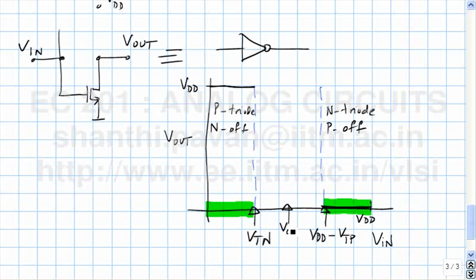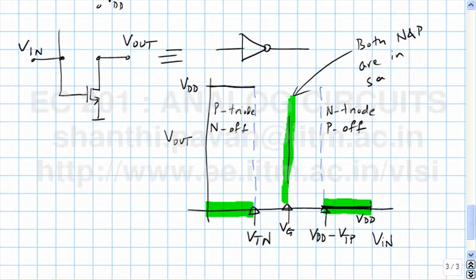There the characteristic must have an infinite slope, so it will be very sharp like this. So this is that thin line where both N and P are in saturation.